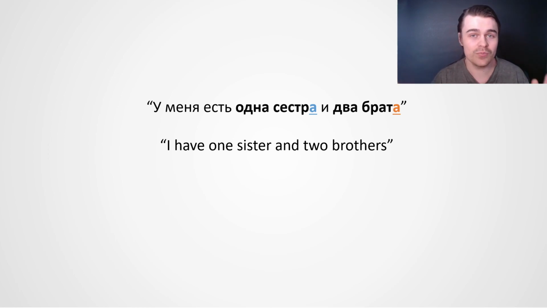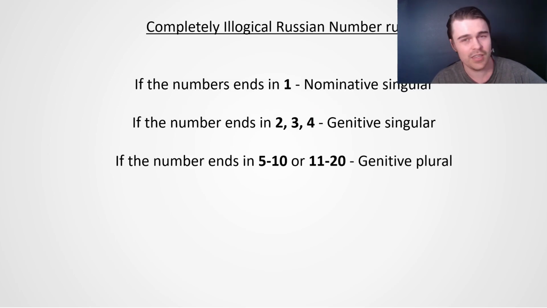And here comes the most annoying thing about numbers. The nouns will change depending on the numbers. It's not like in English where if it's one, singular, and if it's more than one, plural. In Russian, you have to kind of throw logic out the window. If the number ends in 1, it doesn't matter what the number is, 101, 1,000,001, you use the singular form.